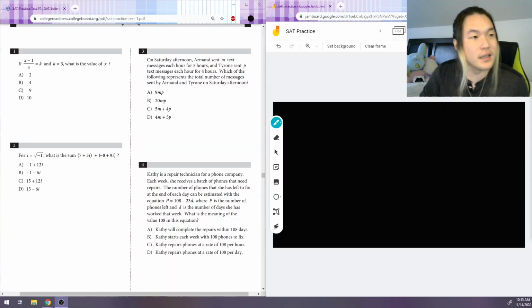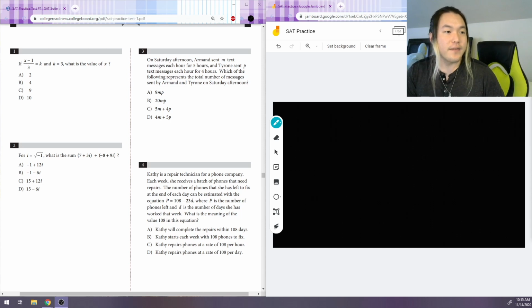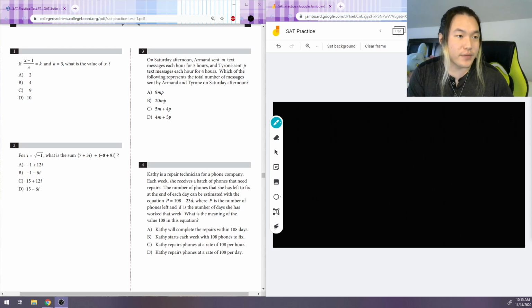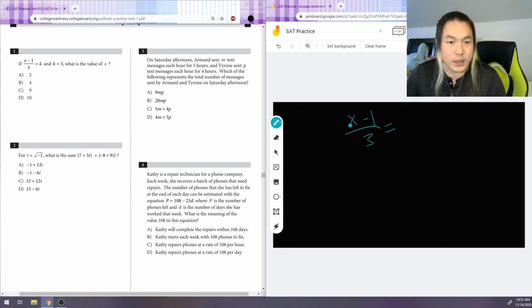Let's jump into it. All right, so here we have question 1. Question 1 says, if x minus 1 divided by 3 equals k and k equals 3, what is the value of x? So we have x minus 1 divided by 3 equals k, but k is 3. So I'm going to replace k with 3, and now we need to isolate the x.